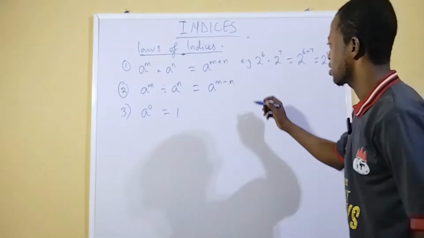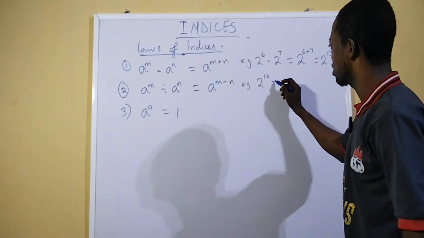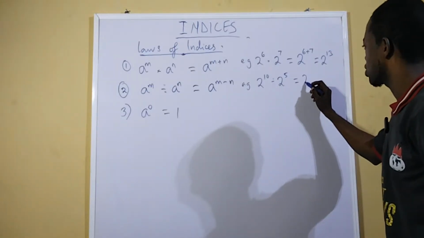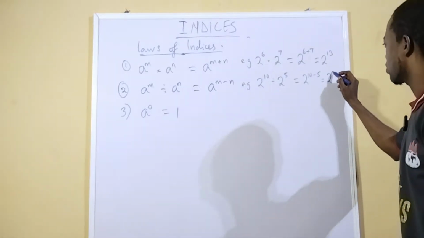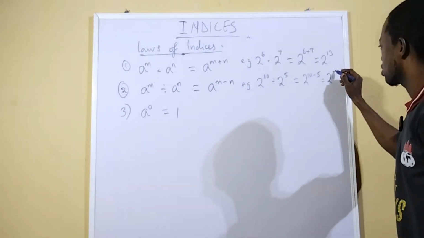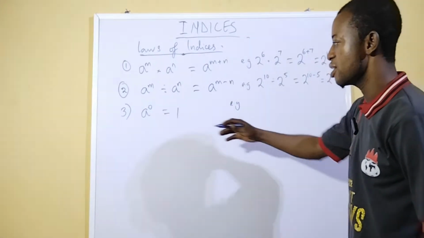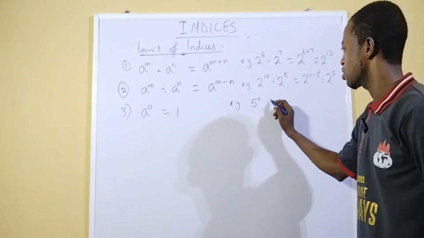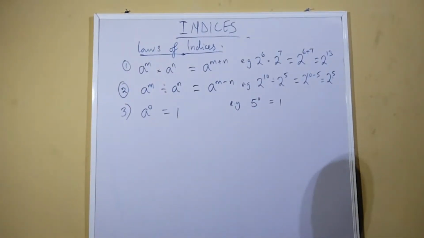And similarly here, when we have 2 raised to power 10 divided by 2 raised to power 5, this will give us 2 raised to power 10 minus 5. This is equals to 2 raised to power 5, and so on and so forth. And here, e.g., whenever we have any number raised to power 0, for instance, 5 raised to power 0, same thing as 1.